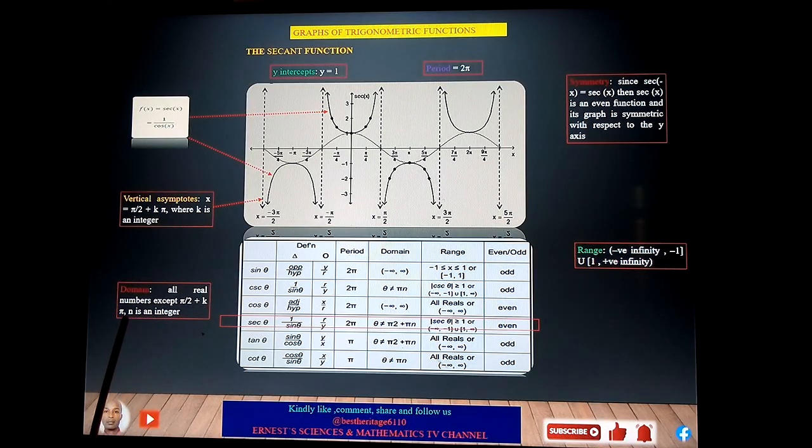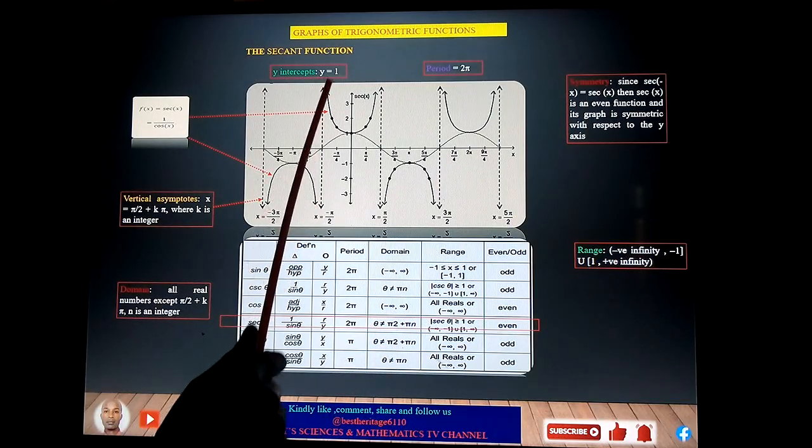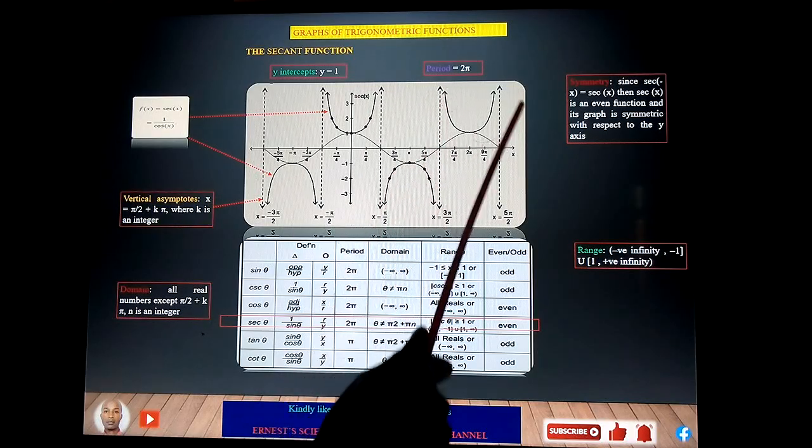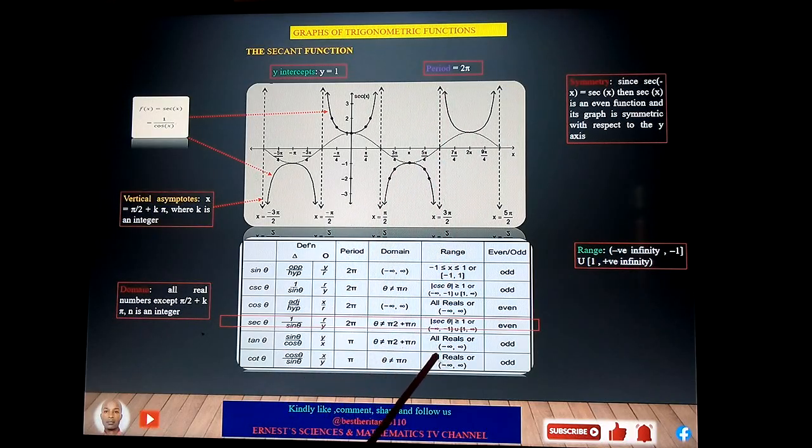This is one of the conditions. And one of the characteristics of these graphs is that they are what we refer to as even functions, as they obey those specific rules that we have mentioned for even and odd functions, respectively.